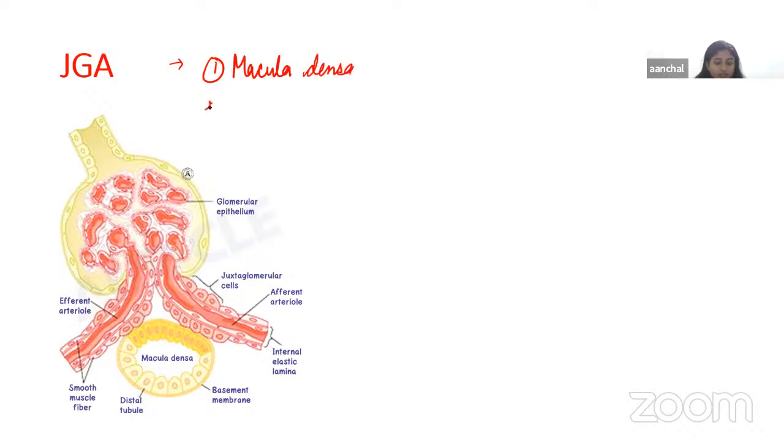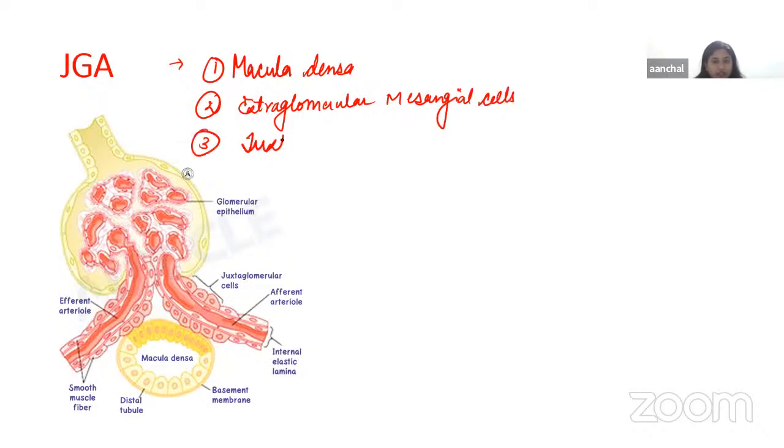Then second we have extraglomerular mesangial cells. Then we have juxtaglomerular cells.